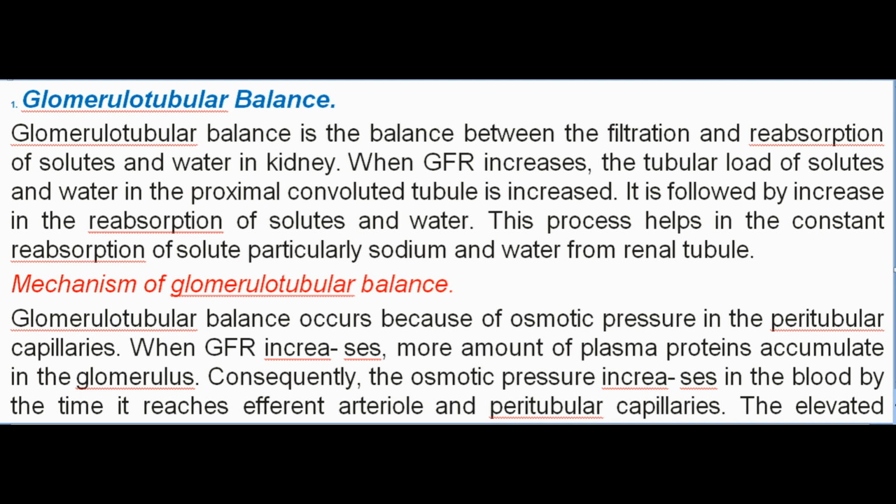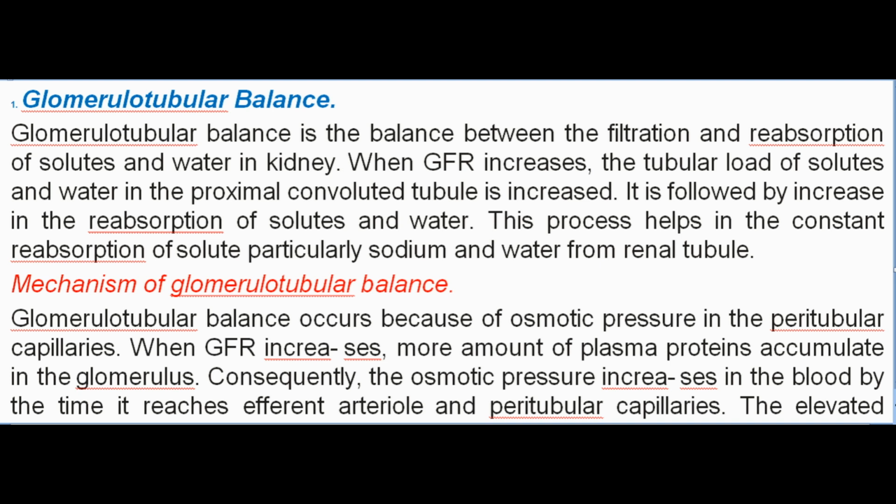When GFR increases, the tubular load of solutes and water in the proximal convoluted tubule is increased. It is followed by increase in the reabsorption of solutes and water. This process helps in the constant reabsorption of solute, particularly sodium and water, from renal tubule. Mechanism of glomerulotubular balance. Glomerulotubular balance occurs because of osmotic pressure in the peritubular capillaries.